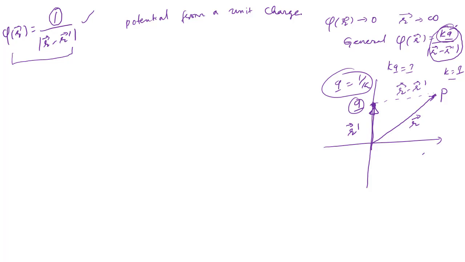Right. So now let's say there is this unit charge here at r prime, and you have r, then the potential at point P is given by this.